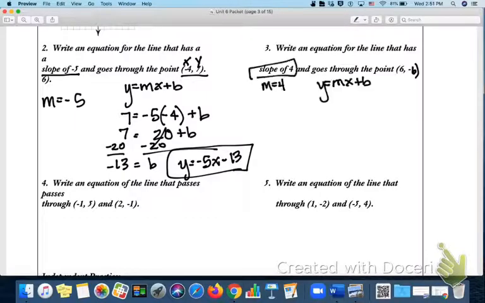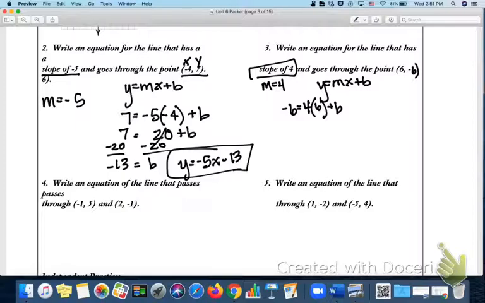Again, identify that the slope is 4, 6 is the x, and negative 6 is the y value. So with the equation y equals mx plus b, we're going to plug in what we know. Y, negative 6, is equal to, m is 4, substitute 4 in, x is 6 plus b. Let's simplify that together.